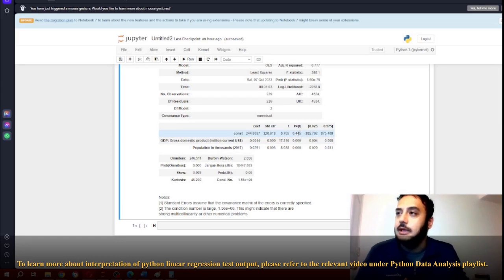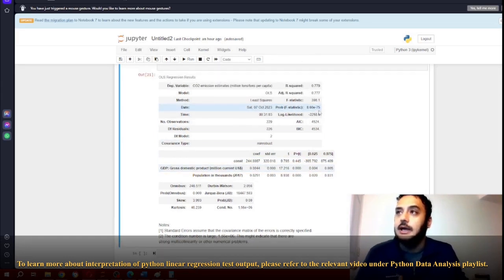The overall significance of the test is below 0.01, which is the threshold for social science hypothesis testing.